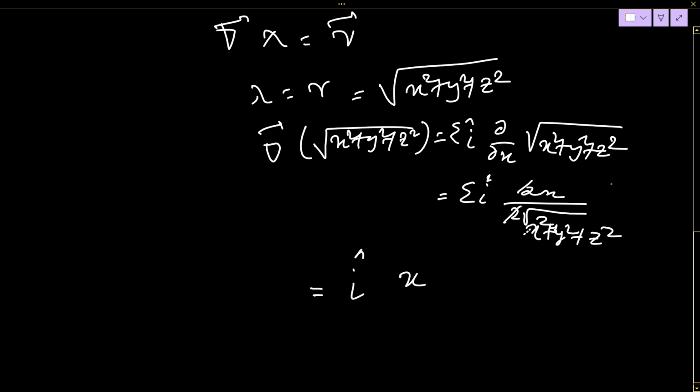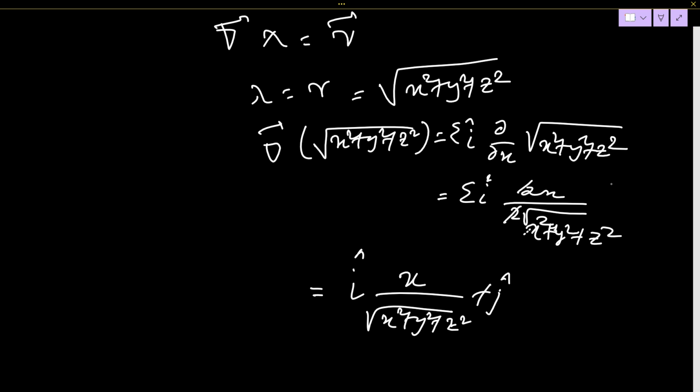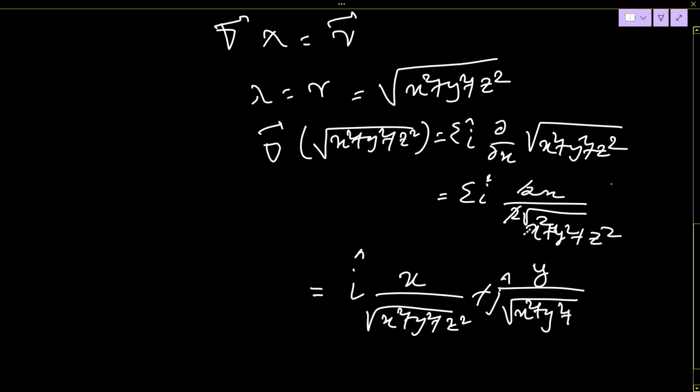So x by this into i cap plus j cap y divided by this plus k cap z divided by this, right?